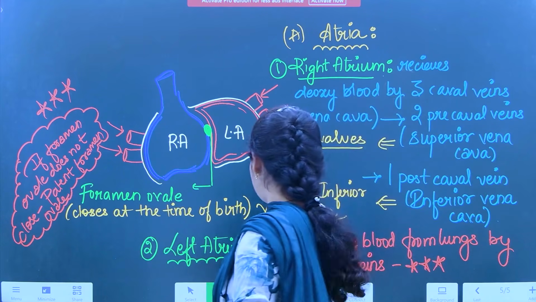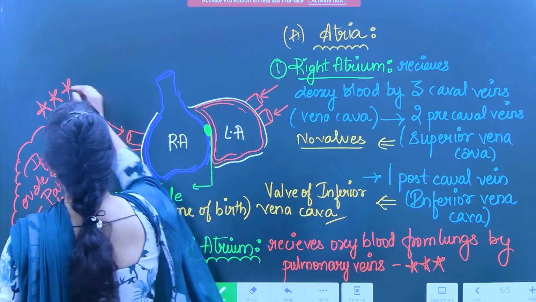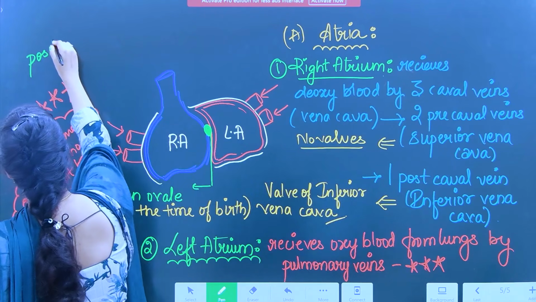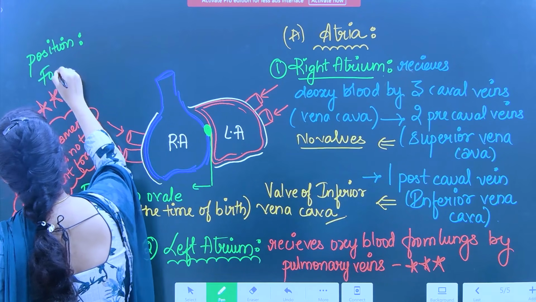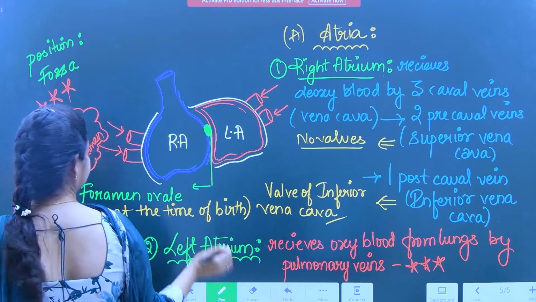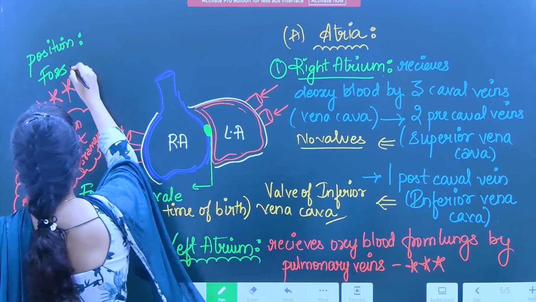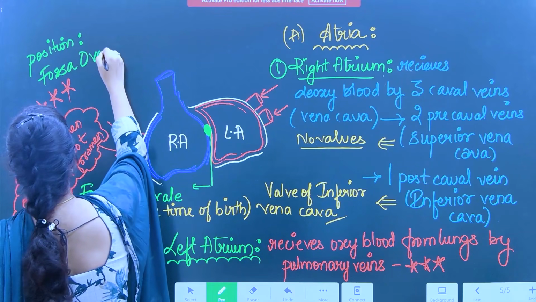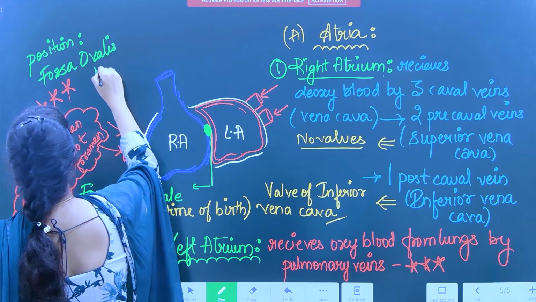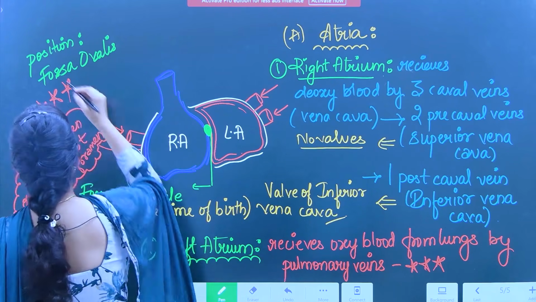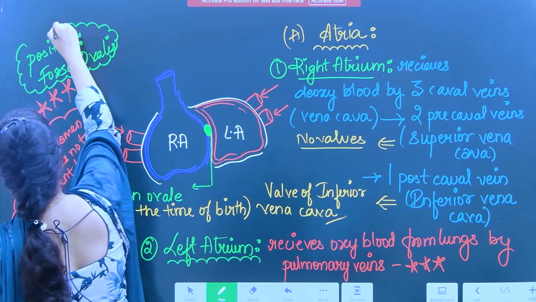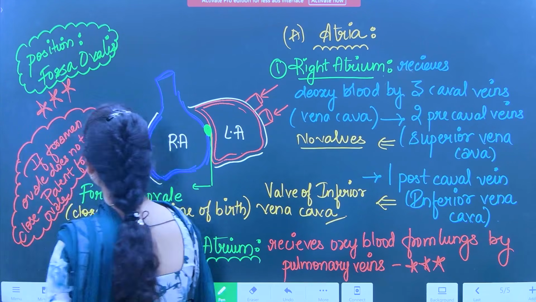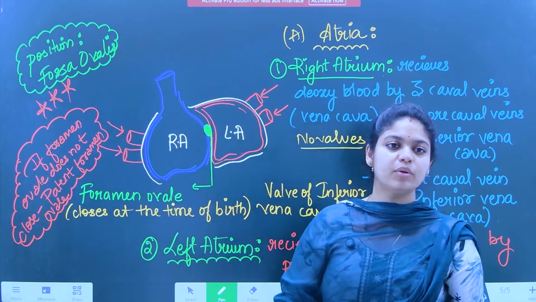Is it clear? I will write that also. Position is called fossa ovalis. Is it clear, Nana? All this is about foramen ovale.